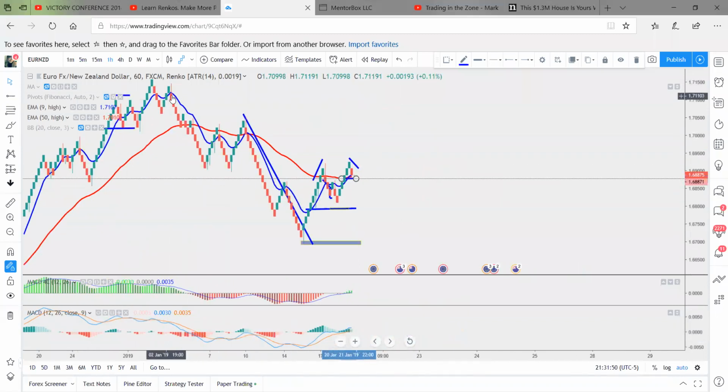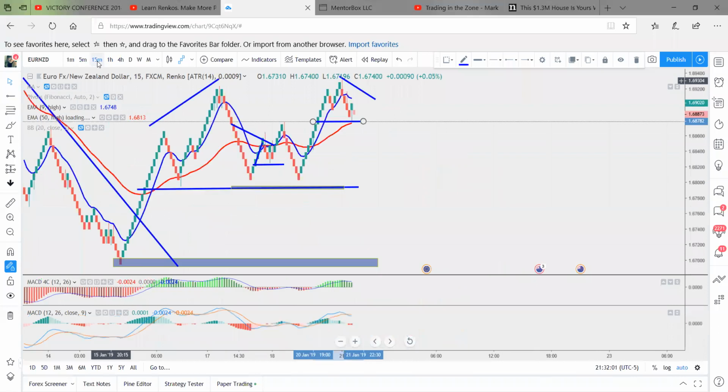When this blue is on the upside, it's in a buy, and it's trying to push the blue to the upside. So this one, I'm gonna wait and see what the structure says closer to the news.